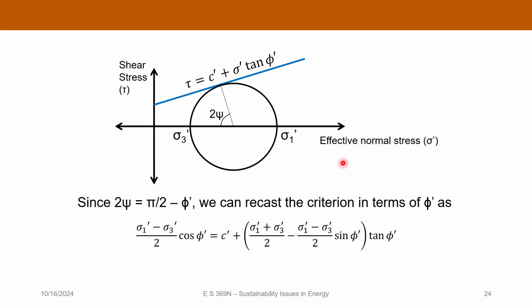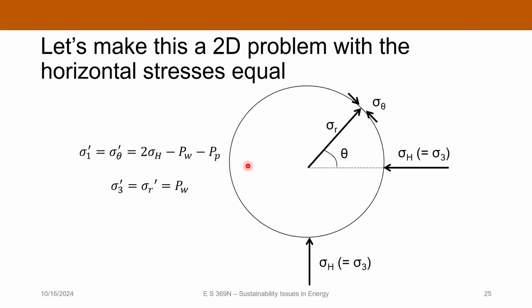Okay. So now if we make the math a little bit easier here, let's consider a system where the two background horizontal stresses, so sigma big H and sigma little h, they're both equal to each other. Okay, and we'll call that just the minimum principal stress.